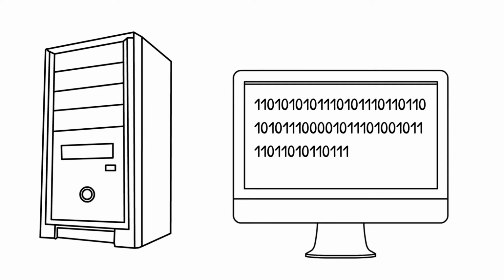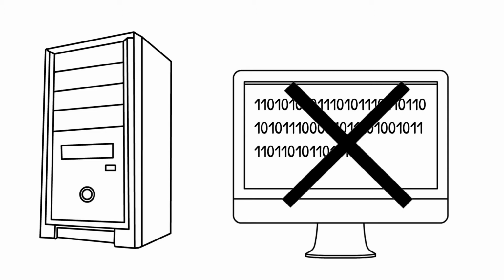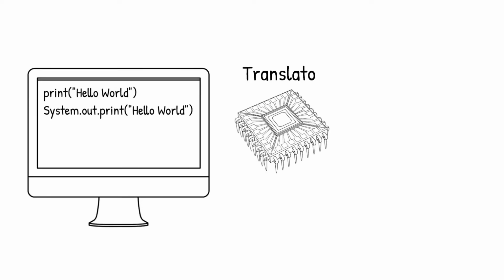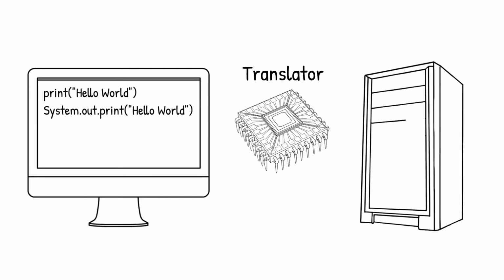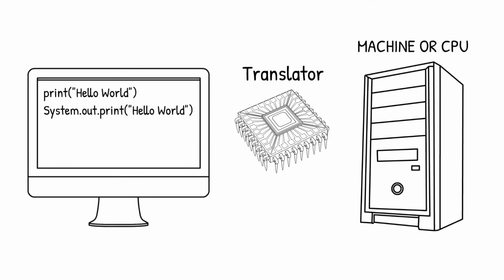It usually looks something like this. Do you think we could write our code in this language? Not a good idea. As humans cannot write instructions in this format, we need a translator who can understand our language, or human-readable language, and transform our instructions into machine-readable code.